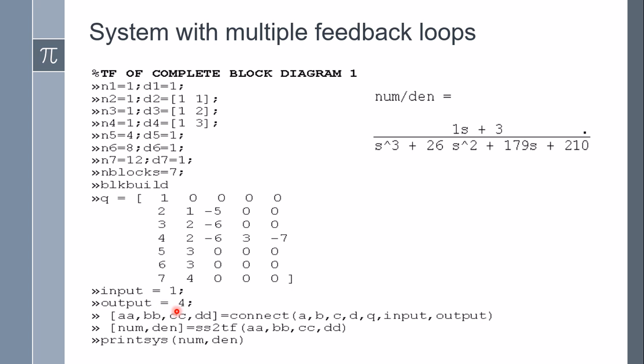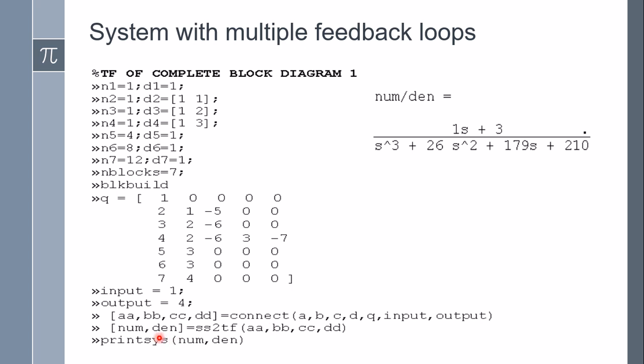Next, our ultimate objective is to compute the transfer function of the system. So we need a transfer function from the state space. We use the command ss2tf, state space to transfer function. Within the parentheses you feed the ABCD variables of the system.